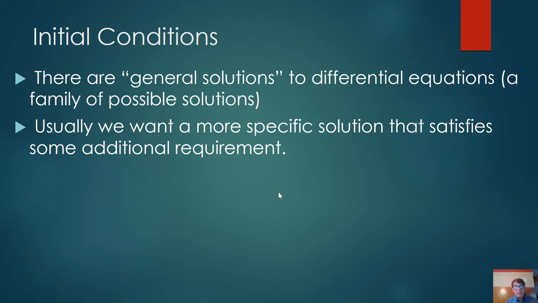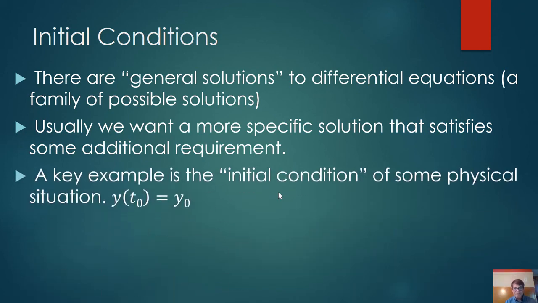And a lot of the problems you'll have in the exercises have to do with joining a differential equation to a specific kind of situation like that, where the solution to the differential equation has slope 5 at this point, those kinds of things. Now, a key example of an additional requirement is when you're looking for the initial condition.